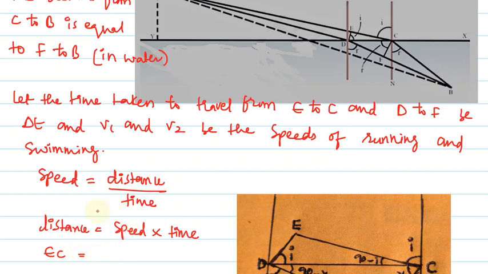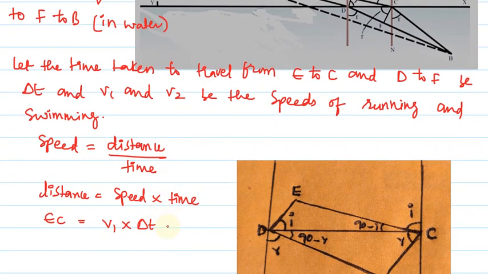EC is equal to, on land the speed is V1, into time delta t. So this is while running on land. Then the distance DF is equal to, what is the speed for swimming in water? V2 into delta t. This is the distance while swimming.